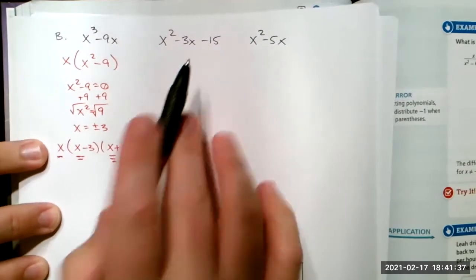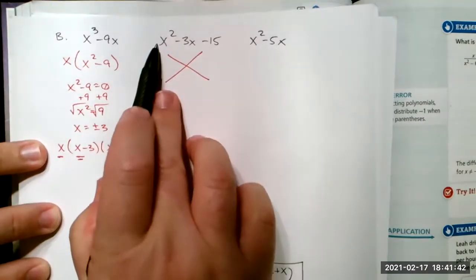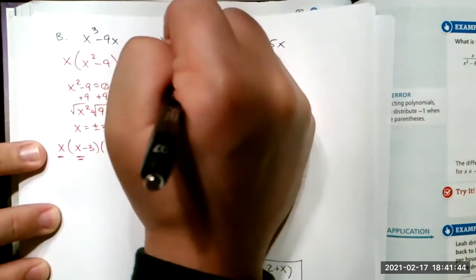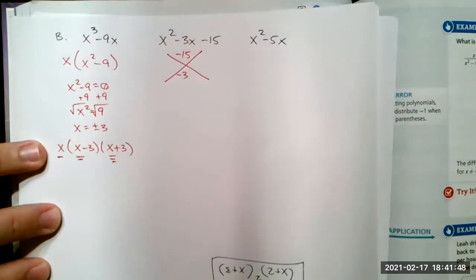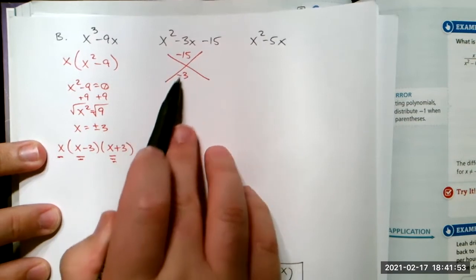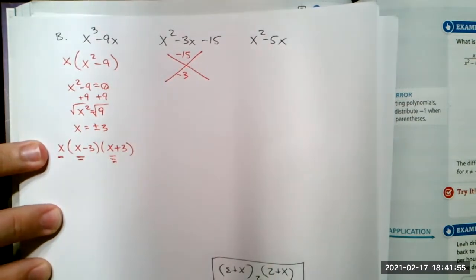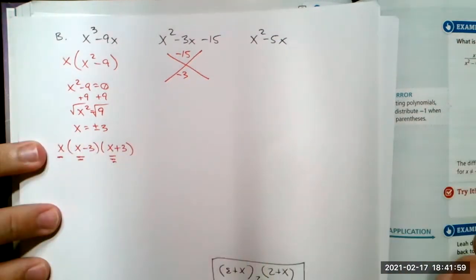With this second expression, I think it's set up for me to factor. So a times c goes at the top. B goes at the bottom. Two numbers that multiply to negative 15, and those same two numbers have to add to negative 3.